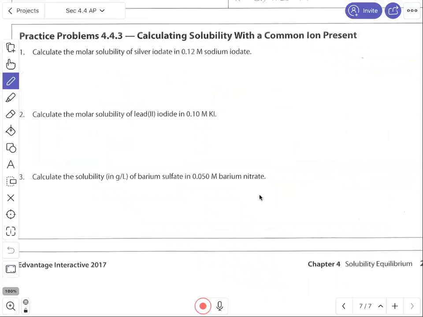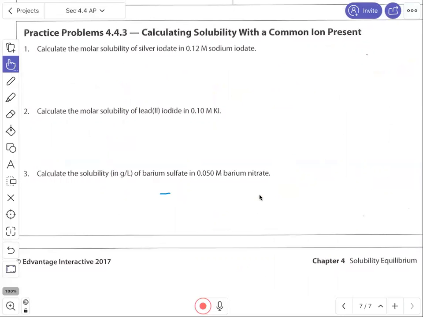Okay, so these are the practice problems on the next page. I'm just ignoring the stuff at the top. Number 1 says calculate the molar solubility, so that's M, of silver iodate in 0.12 molar sodium iodate. Now again, on the AP test, they're going to provide you both with the formulas and the KSPs.